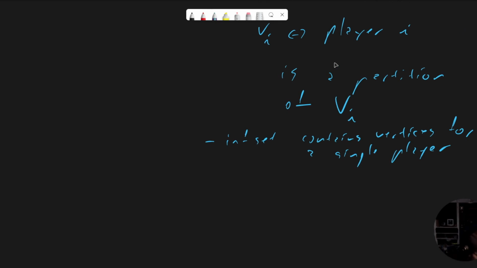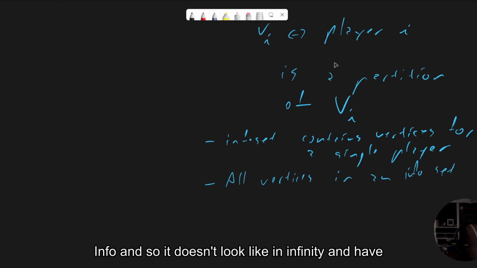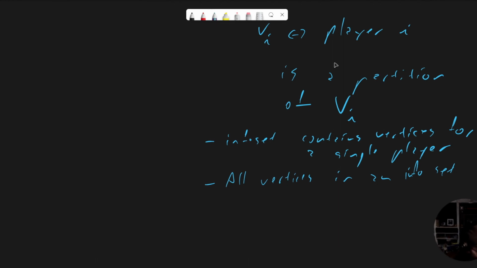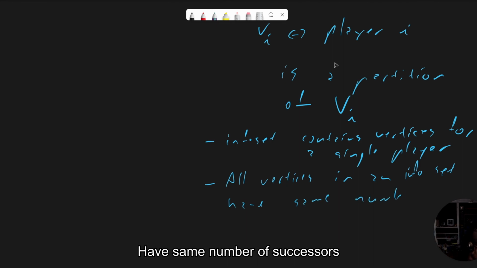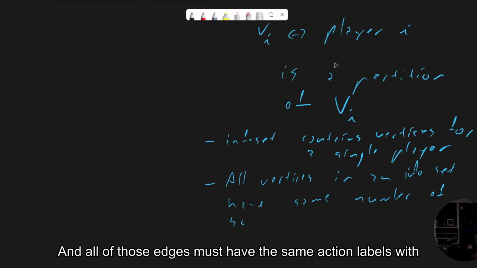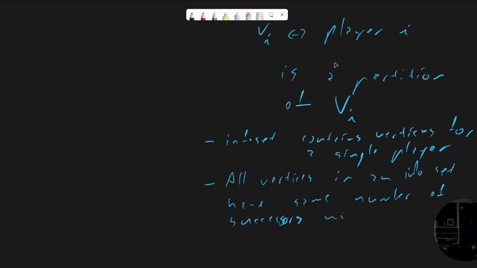And the other one is that all vertices in an info set have the same number of successors, and all of those edges must have the same action labels.